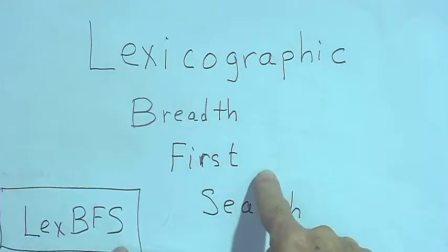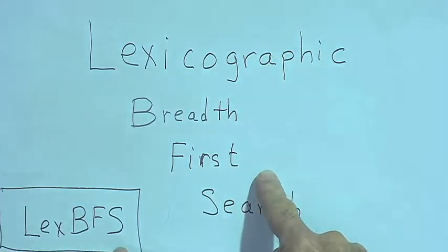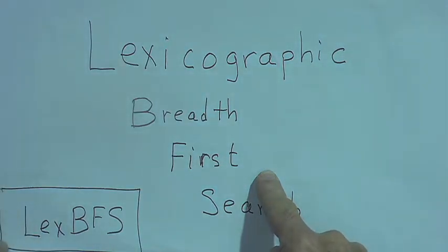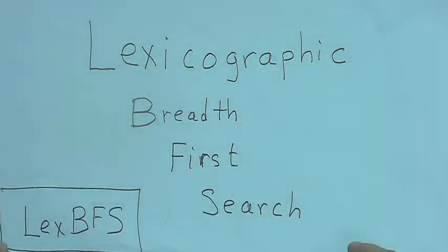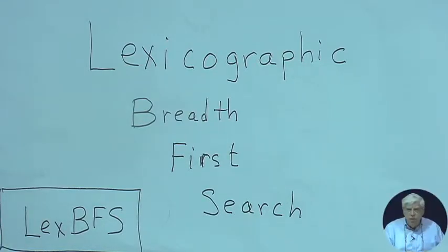So lexicographic breadth-first search was this technique, a special kind of breadth-first search, where as you explore the graph, you favor those vertices that have seen earlier vertices. So let me just describe it in general.